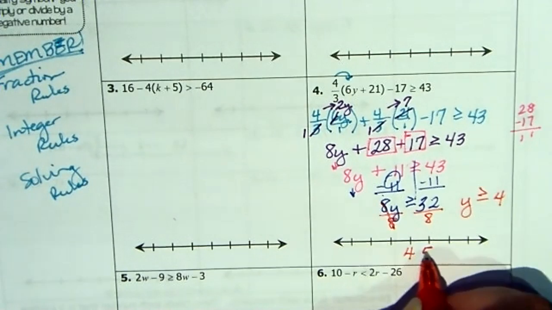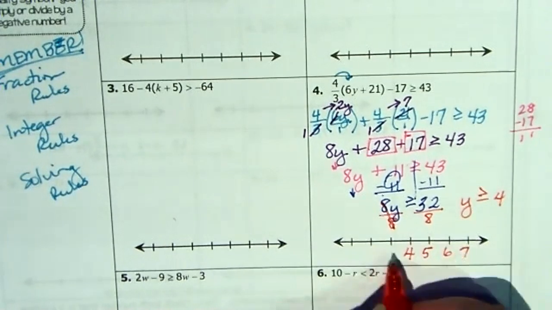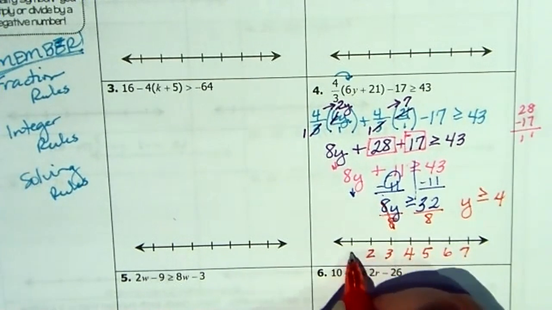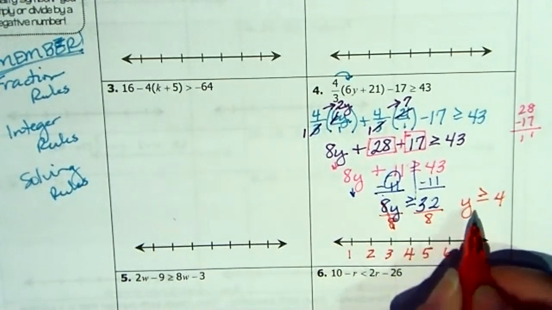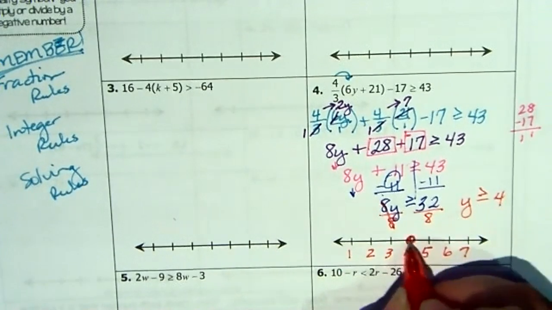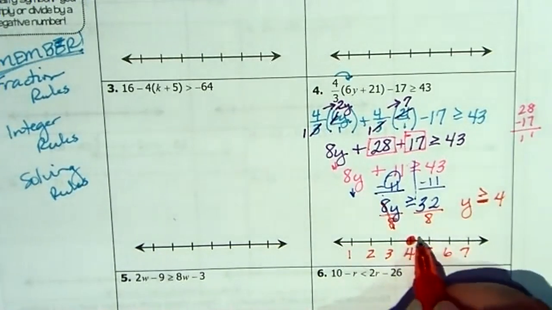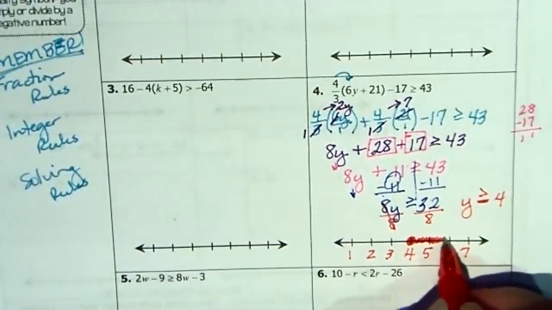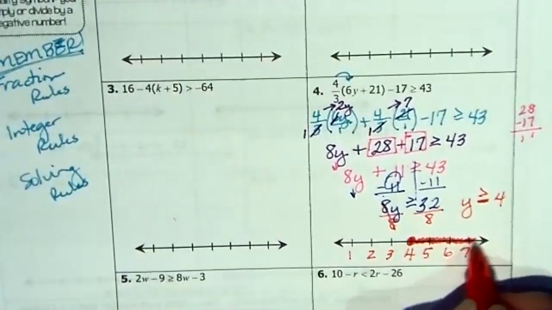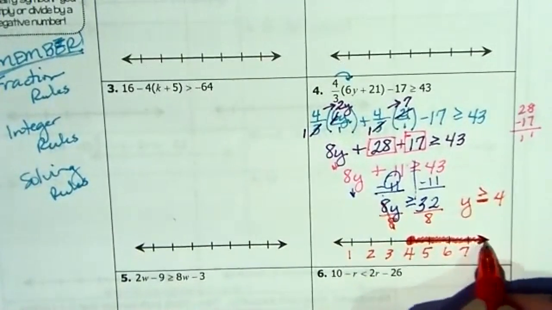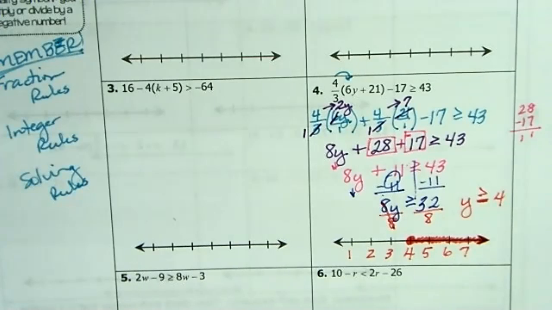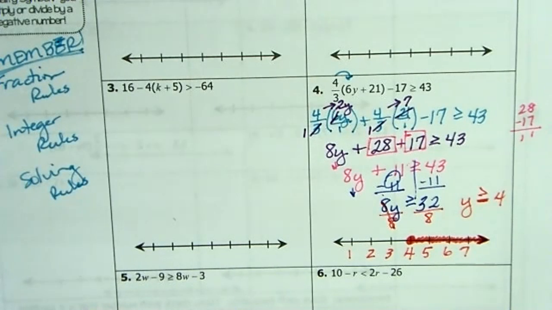These are positive, so it's going to go 4, 5, 6, 7. And this is 3, 2, 1. It's a filled in circle because it is an equal to bar. It's greater than, so I am shading everything that is bigger than 4. There's that example.